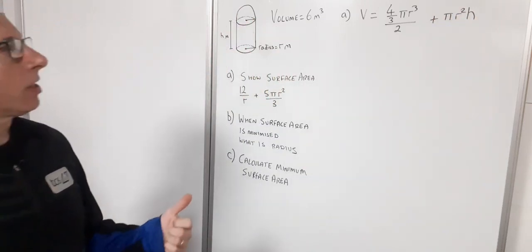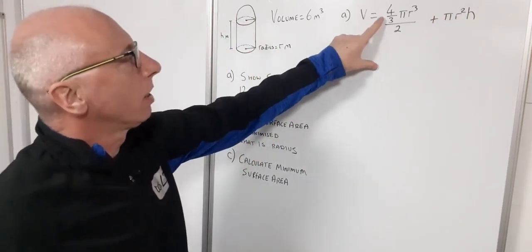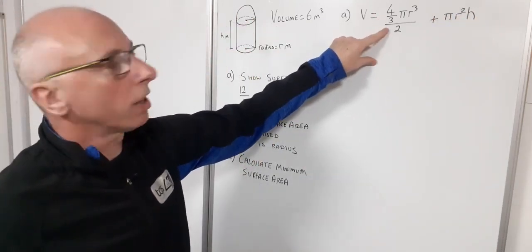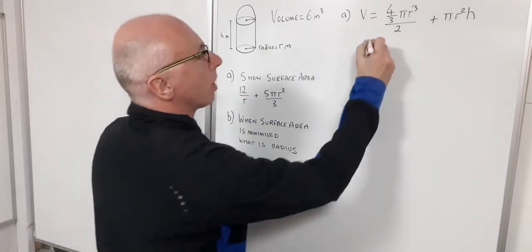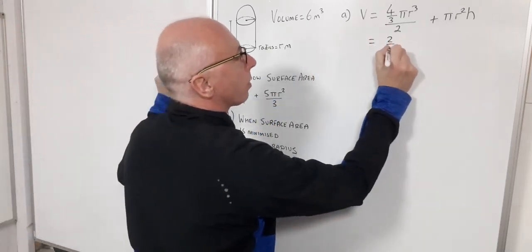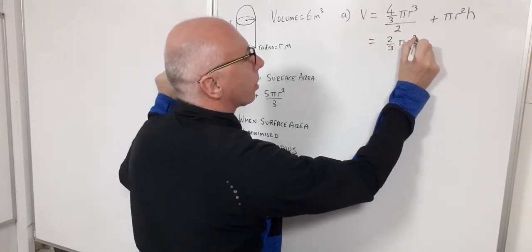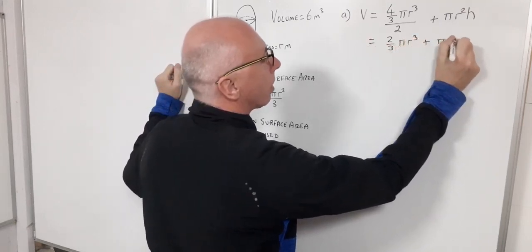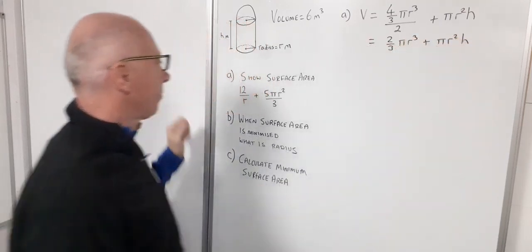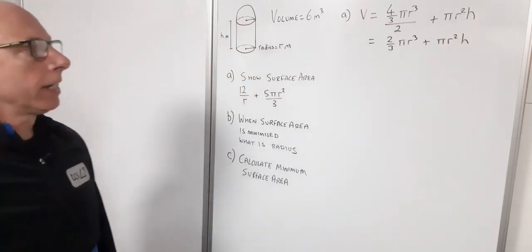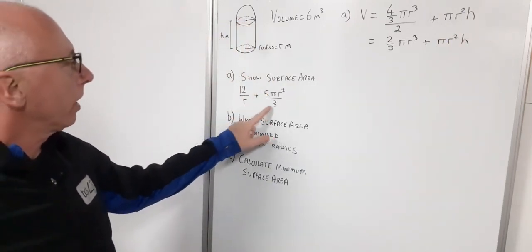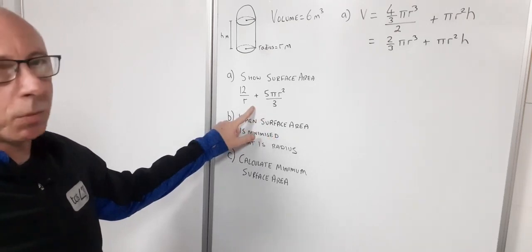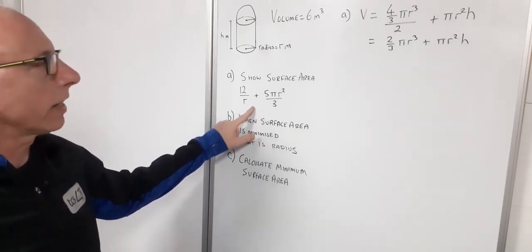Okay, now we can simplify this off a little bit. So half of 4/3 pi r cubed is 2/3 pi r cubed. So that's 2/3 pi r cubed plus pi r squared h. Now in this formula here, to show the surface area, we can see there's actually no height.